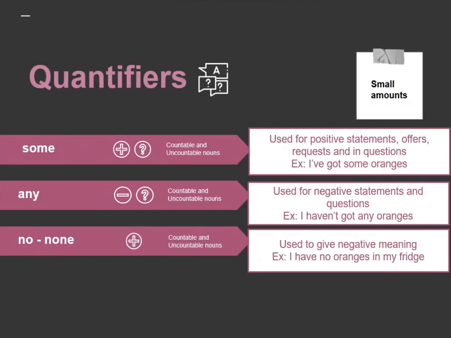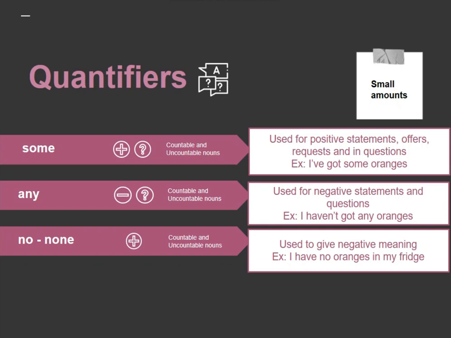Let's see more quantifiers, words that express small amounts. We have the word some. Some is used for both countable and uncountable nouns. We use the word some in positive statements, offers, requests, and in questions.